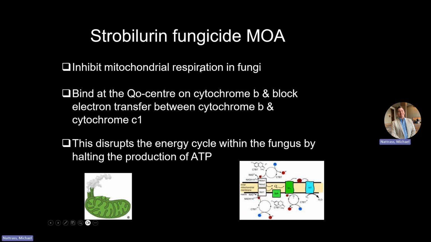Strobilurins are going to affect mitochondrial respiration, in that the mitochondria is the powerhouse of the cell, and if it's not producing energy, then the fungi isn't growing. If the fungi doesn't grow, then the plant can overcome that. I think it's more important that you know about this than you know about these cytochrome Bs and As and C1s. If for whatever reason you move into plant pathology, this would be something you would probably be more familiar with, just to understand how that fungicide is working.